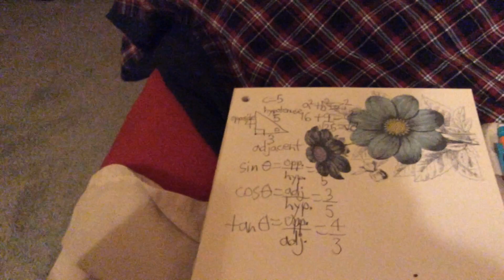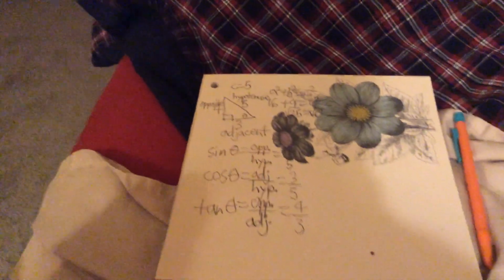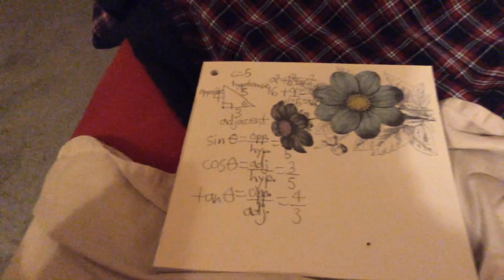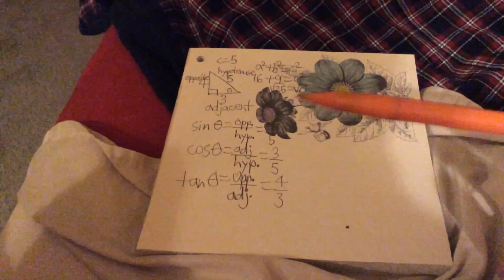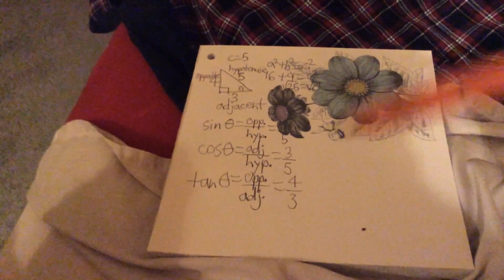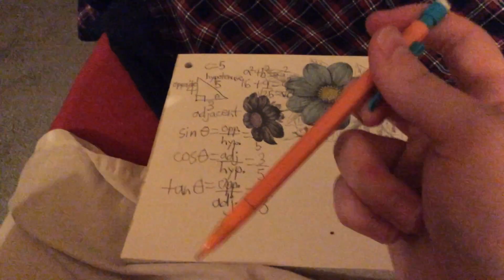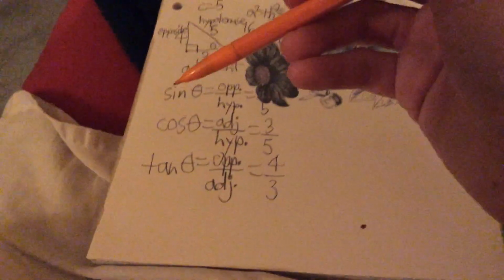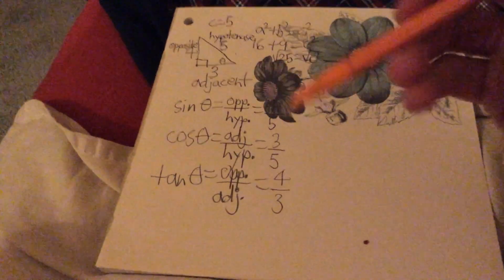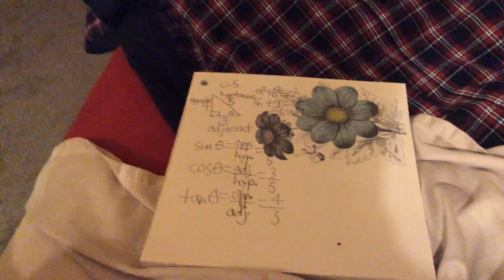For those wondering what would happen if we were to divide sine theta by cosine theta, we would get tan theta, because if we divide these two, the hypotenuse cancels out.